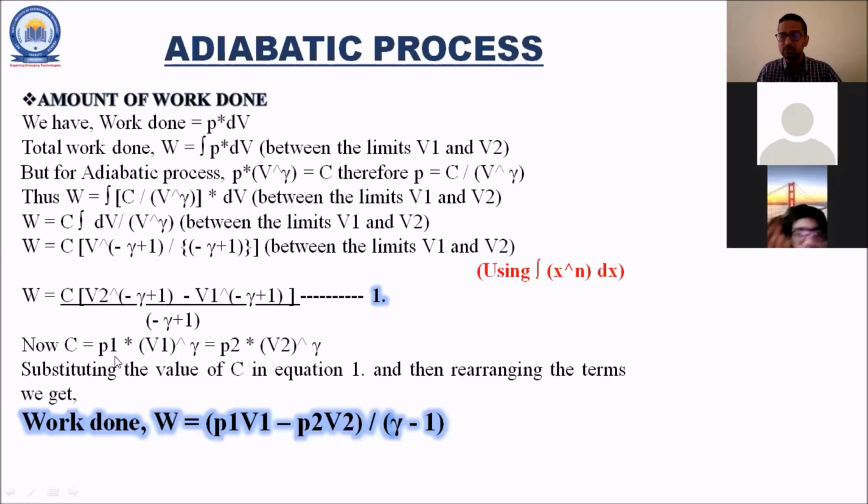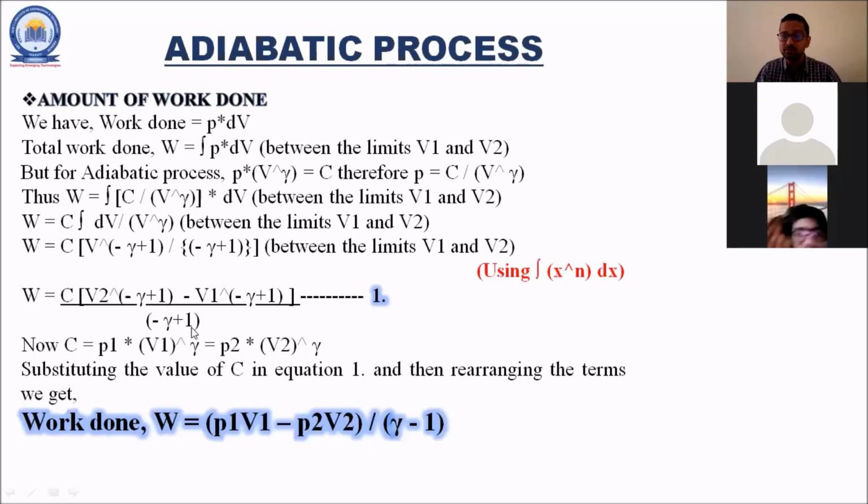Now we know that C is equal to P1 V1 raised to gamma, which is also equal to P2 V2 raised to gamma. So when C is multiplied by the V2 term, we substitute P2 V2 raised to gamma. When C is multiplied by the V1 term, we get P1 V1 raised to gamma. Then on expanding the brackets, in the first one we get V2 raised to gamma multiplied by V2 raised to minus gamma, so both these terms cancel. So we get P2 V2 minus, for the second term, P1 V1, divided by minus gamma plus 1.